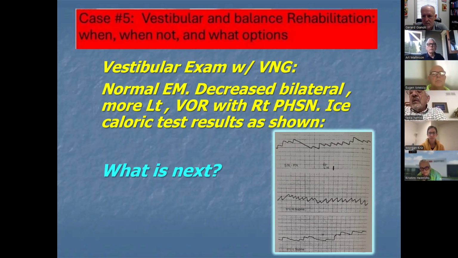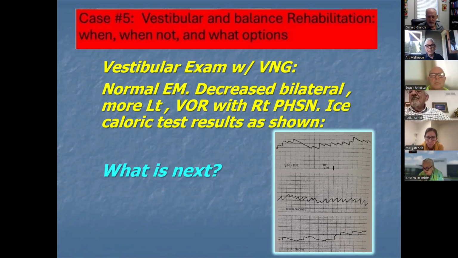But if we look at the right caloric, eyes caloric, it reversed. The patient has right beating spontaneous nystagmus, as you can see at the top of the slide. And the right caloric is left beating, and the left caloric, this is eyes, is kind of the same as the spontaneous nystagmus.